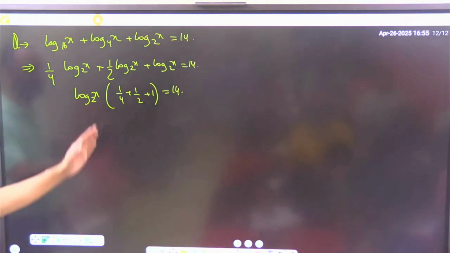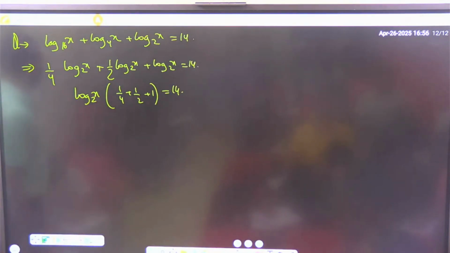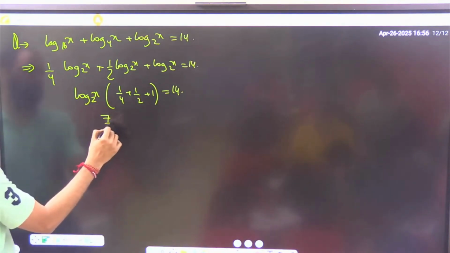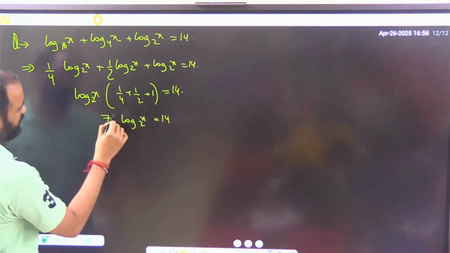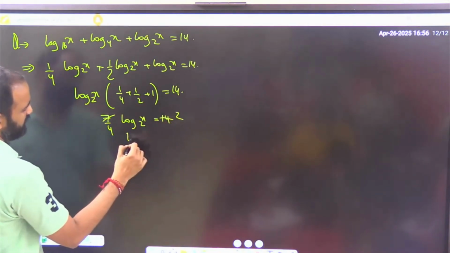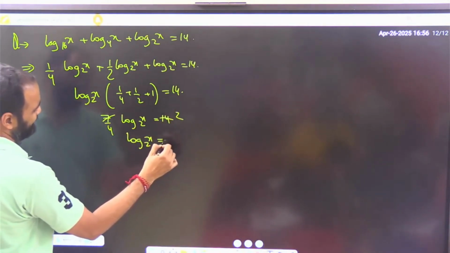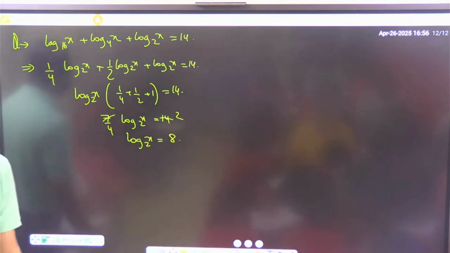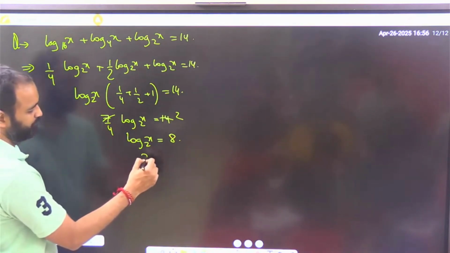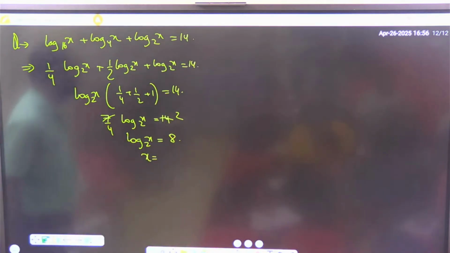How much will this be? 7 by 4. So 7 by 4 times log of x to the base 2 is 14. This cancels and goes there. So log x to the base 2 is 8. Now if log x to the base 2 is 8, how much would x be?